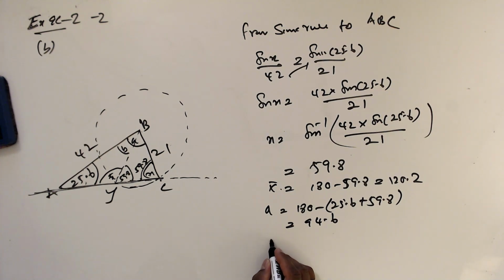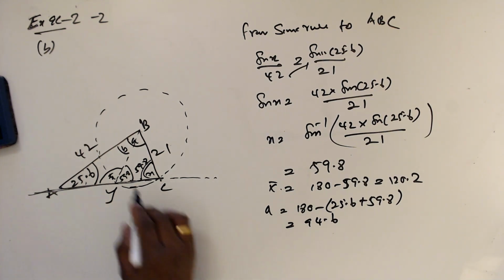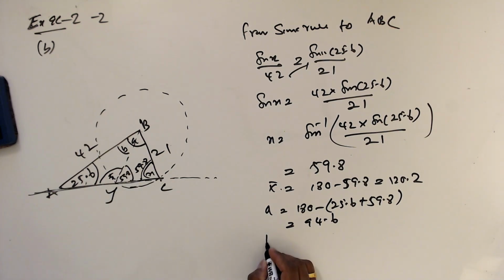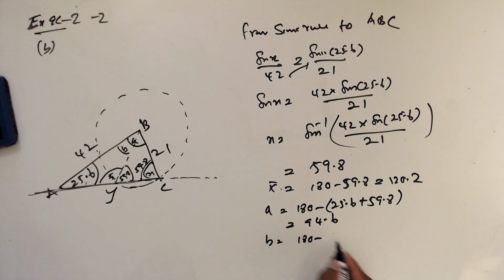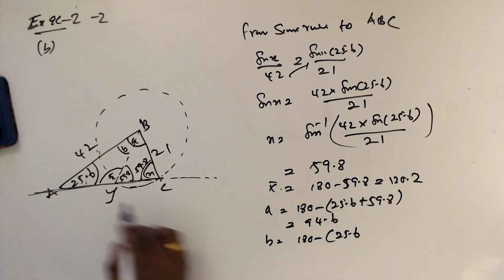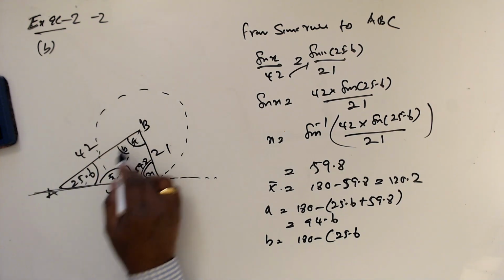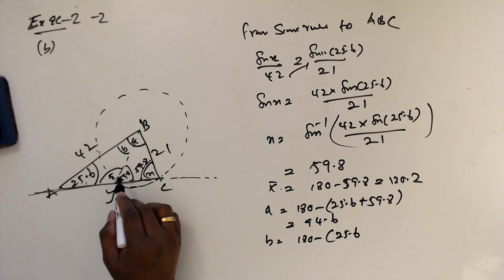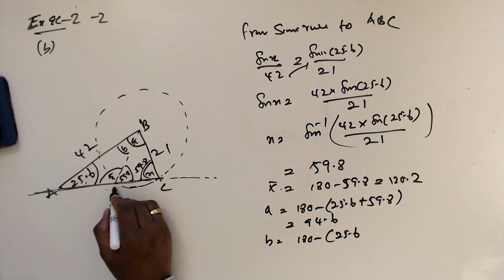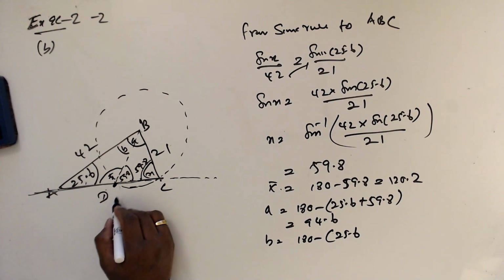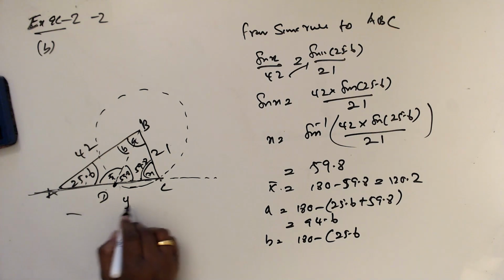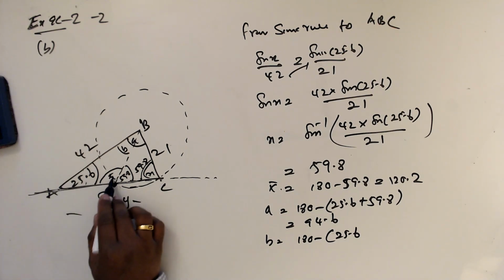Now if it is B, so B means 180 minus 25.6. This is B, meaning I am considering the triangle ABD, right?